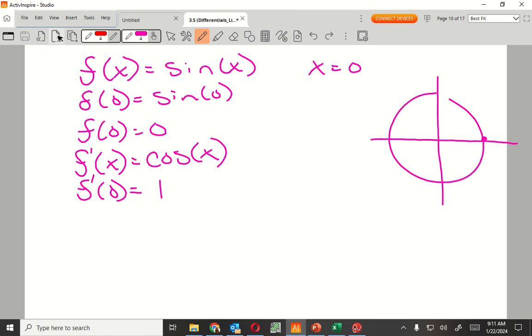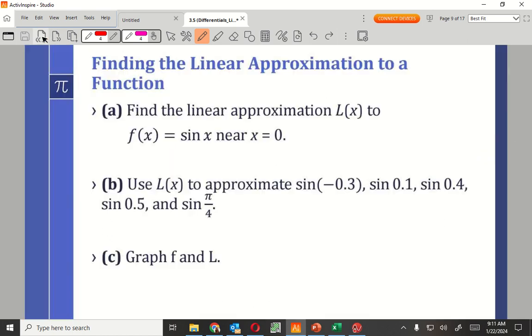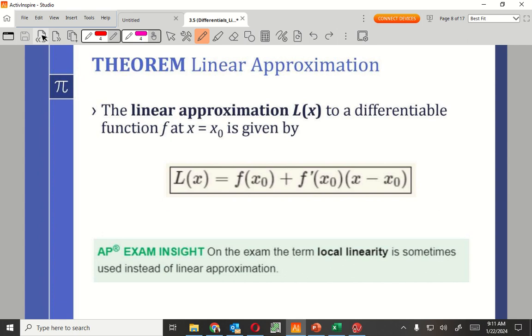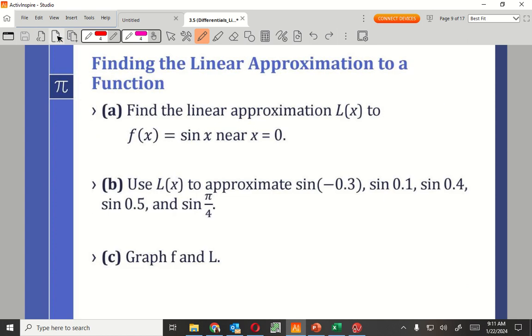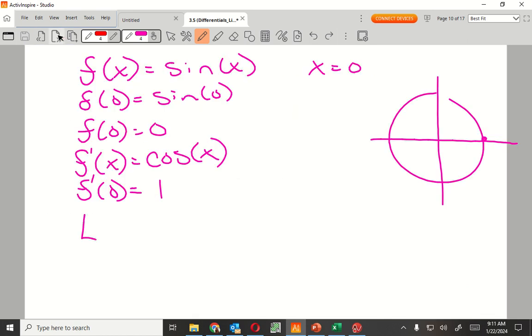So this is going to be, let me get my notation correctly, right here. So linear approximation of x is equal to 0 plus f prime at 0, which is 1, times x minus x sub naught. What was x sub naught again? What did we start off with? 0.